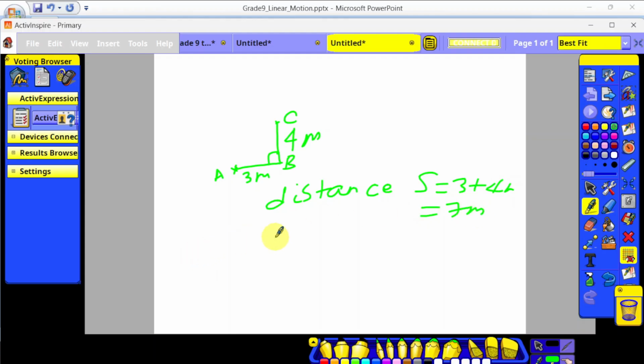Whereas displacement, this is the symbol for displacement, R. Displacement is equal to the shortest distance, this one right here, you see. Not this one, but this one.